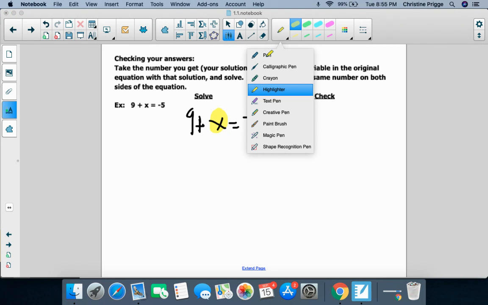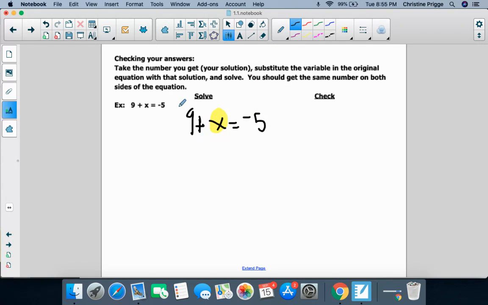So in order to do that, I need to get rid of this 9. There is no symbol in front of the 9, which means we can assume that it is a positive 9. And in order to undo that, or remove it from this side of the equation, we need to take it away. So I'm going to subtract 9 from the left-hand side of the equation.